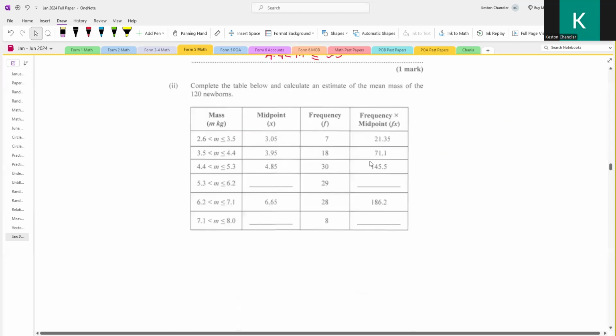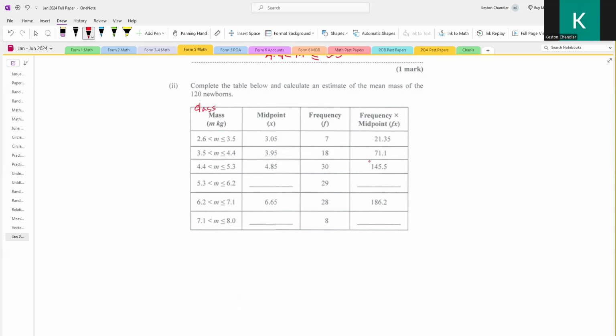Now, this table is a nice table for you to understand because this is how you calculate your values to do a cumulative frequency graph. You are usually given the class. You are then asked to find the midpoint. The midpoint is found by taking the end points of the class, adding them together and dividing by 2.